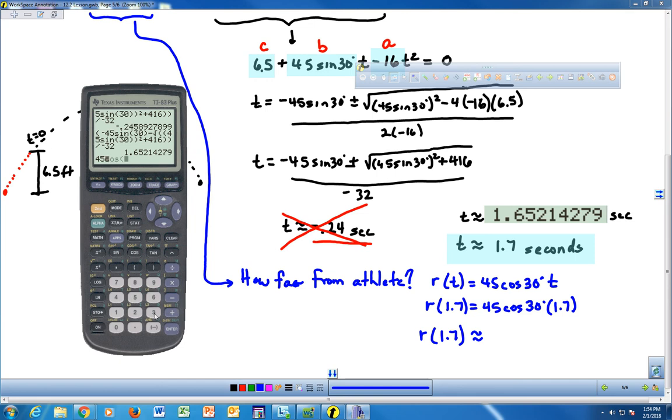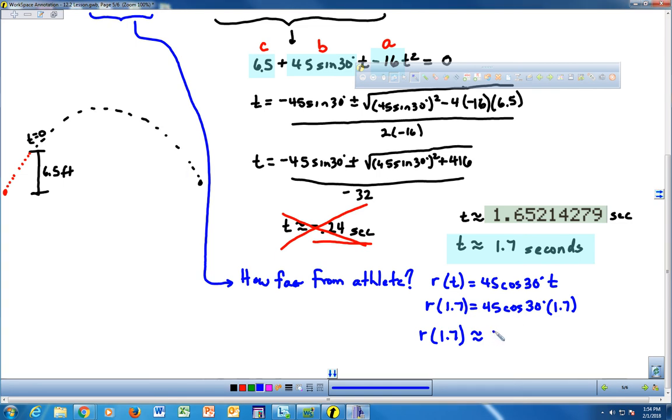So the shot is going to be at this distance from the athlete: 45 cosine of 30 degrees times 1.65, which is the answer that I got previously. And so the shot is about 64 feet from the athlete once it hits the ground. Approximately 64 feet.